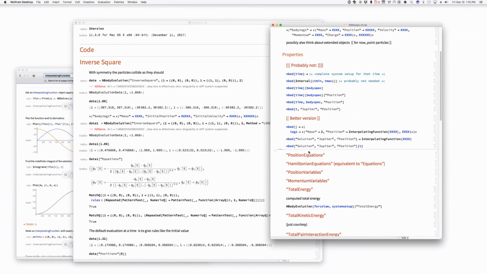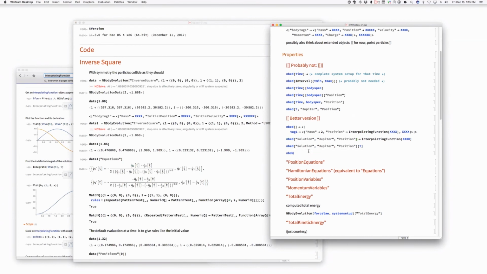All right, so let's say that you've got a particular body, Jupiter, or body number one, position. And that could either have comma time, or it could have of time, which would give you the interpolating function first.